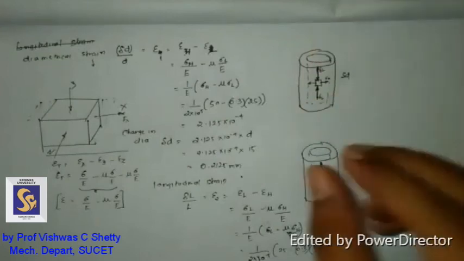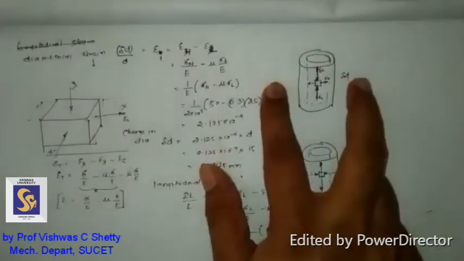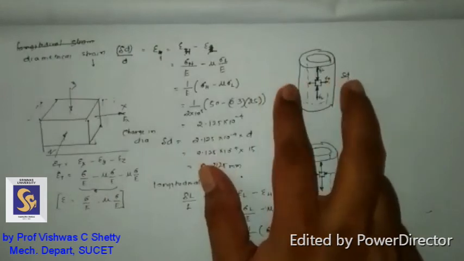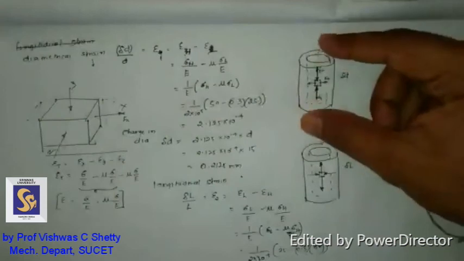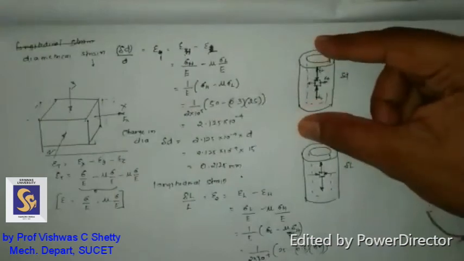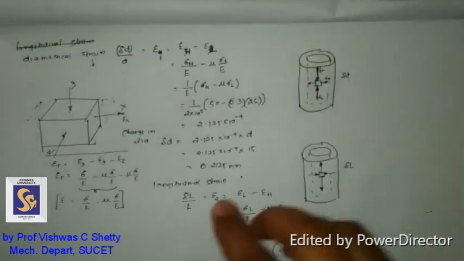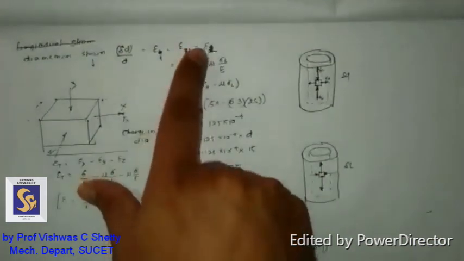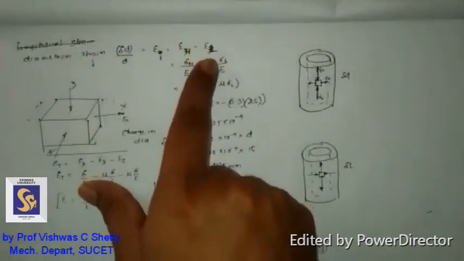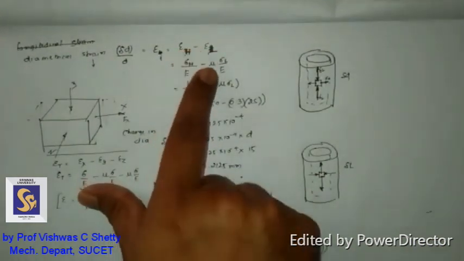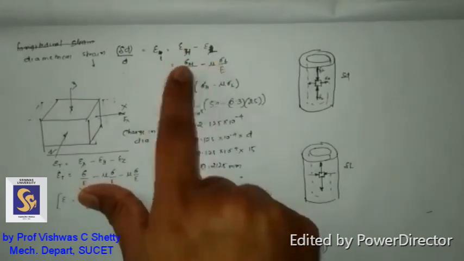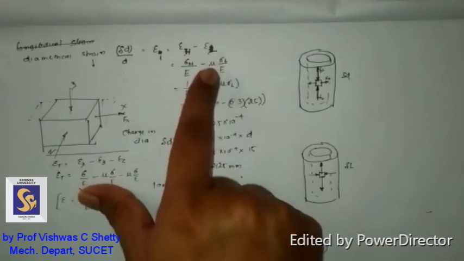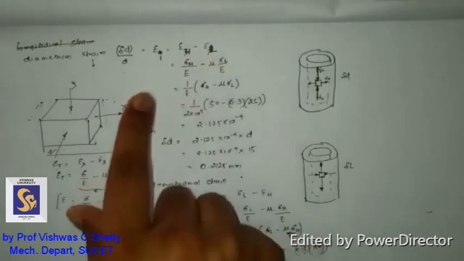So you are taking strain in the diametrical direction as positive, and the longitudinal strain you are going to consider as negative because it is compressive. Whenever you write compressive strain with the negative sign, you have to consider Poisson's ratio, or else it is the same. Both are the same; only Poisson's ratio is extra here.